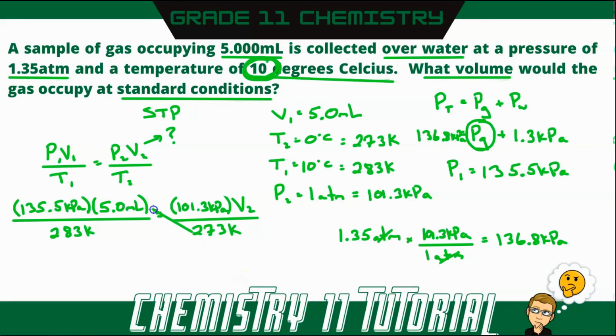So if I multiply by 273 and I divide by 101.3 kPa, we can get V2 to be equal to 6.44, and the units will be the same units as the volume I plugged in here, milliliters.